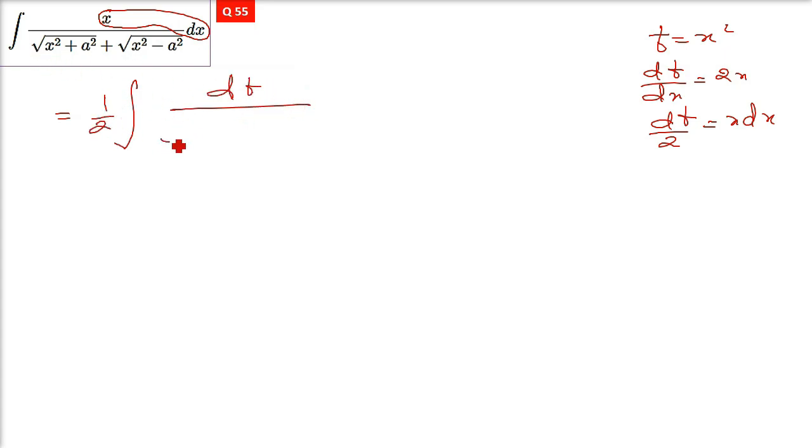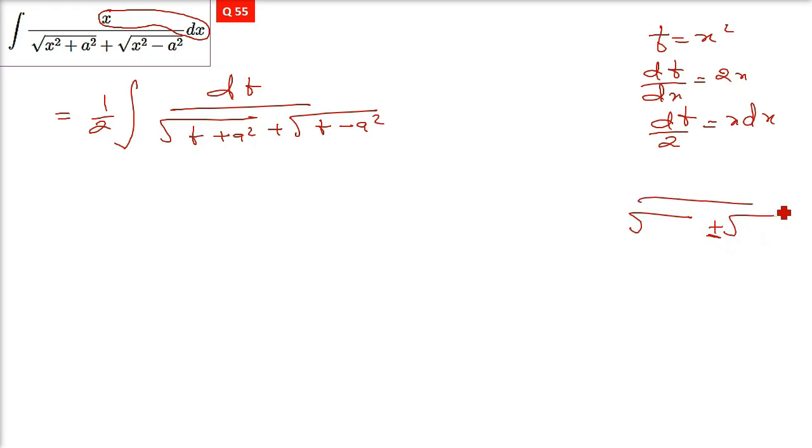In the denominator now this becomes t, x square is already t, so t plus a square plus t minus a square. So still we are stuck now. We cannot integrate it directly. But whenever you have roots with a plus, and these root terms are almost similar, the only way to get rid of the root is multiplication through a conjugate, or in different terms, rationalizing the denominator.